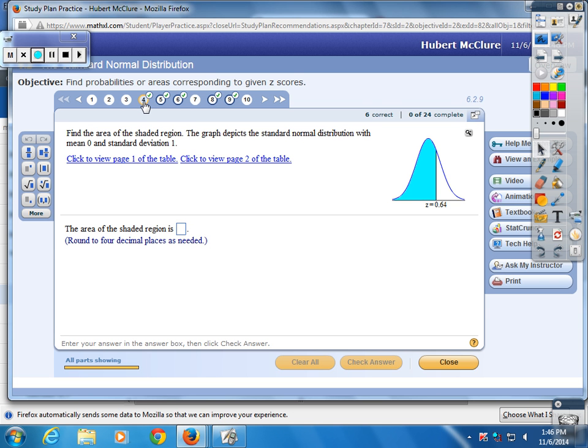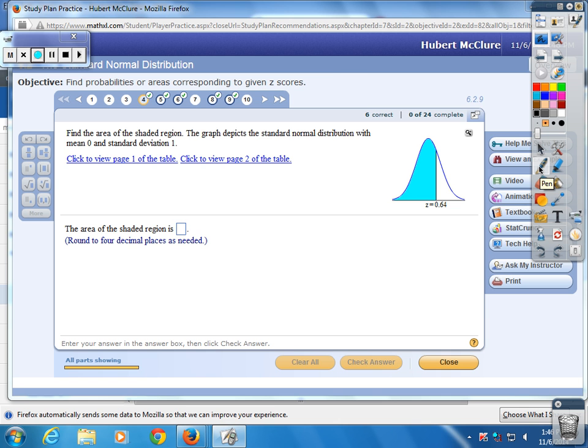Alright. The first thing you want to do when you do one of these problems, if you don't have a picture here, is draw one. Now, I used to tell students to do this, and most of them would do it, but then students started getting lazier and lazier.